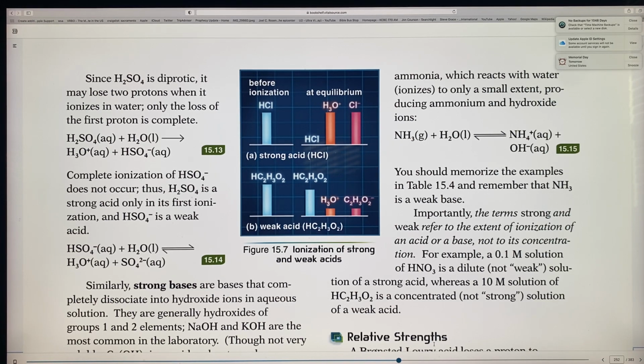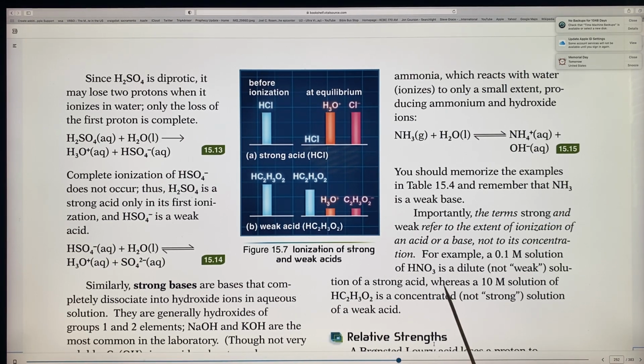For example, a 0.1 molar solution of HNO3 is a diluted strong acid, whereas 10 molar HC2H3O2, acetic acid, is not strong.